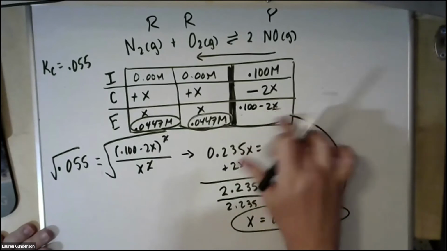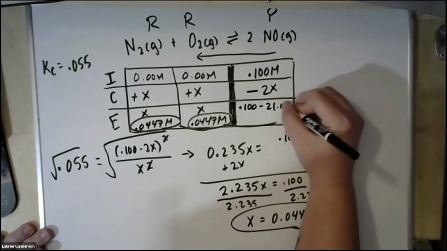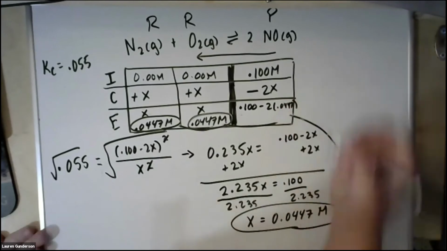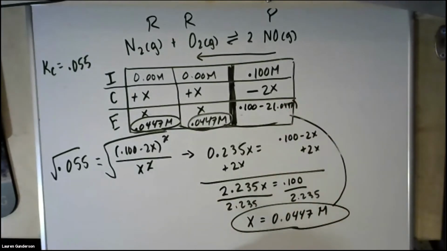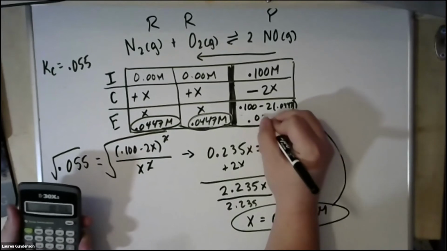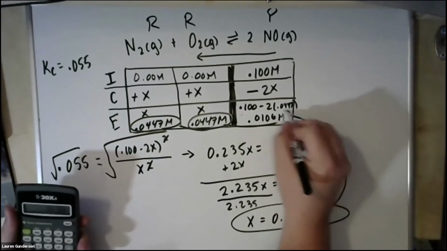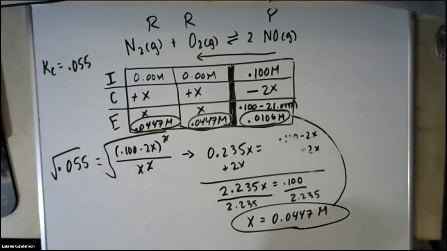And then for our NO gas, instead of that x, we'll multiply by 0.0447, and then we'll subtract from 0.1. Okay, so our equilibrium concentration here is 0.0106. Okay, and those are our three equilibrium concentrations.